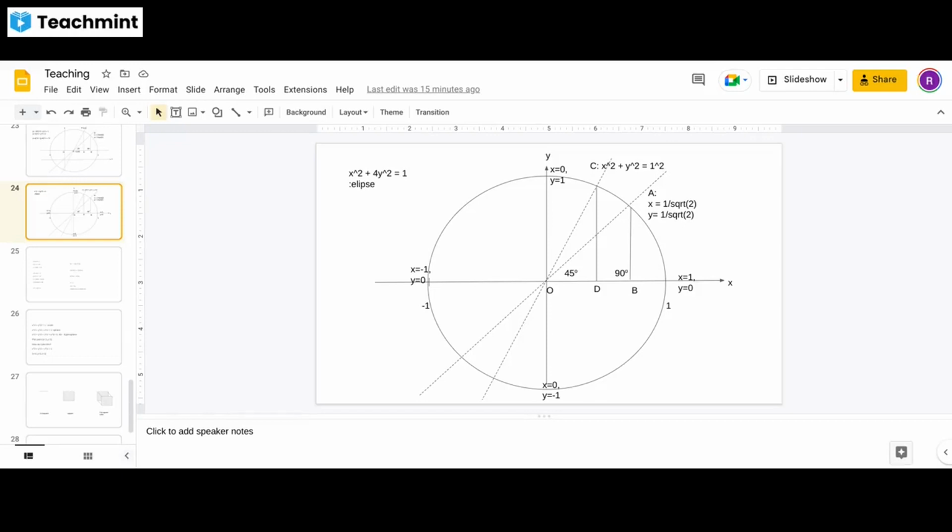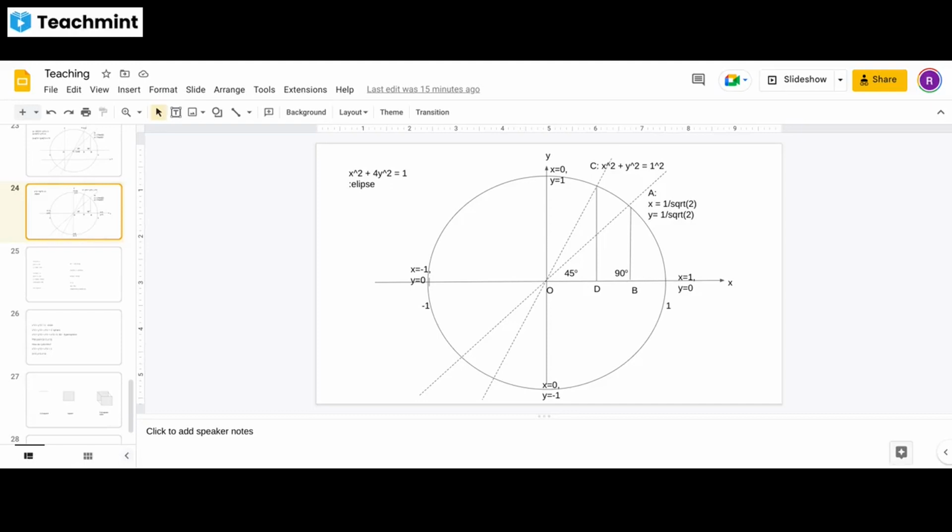Now, do you remember what the plot of y equal to sine theta looks like? How will it look? On the x-axis I'll put theta, and the y-axis is sine theta.